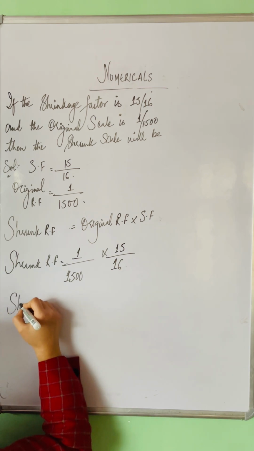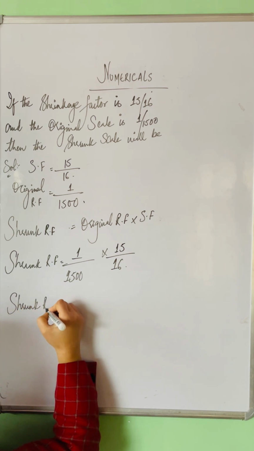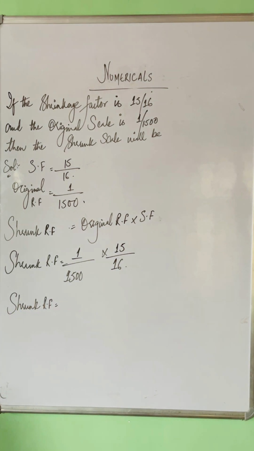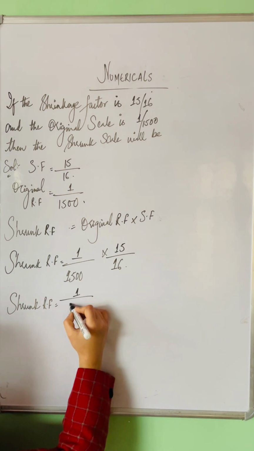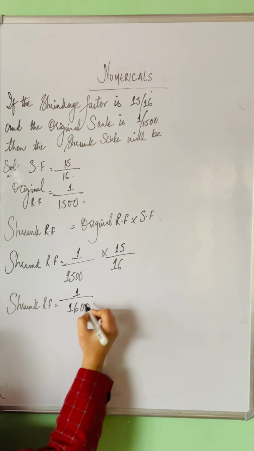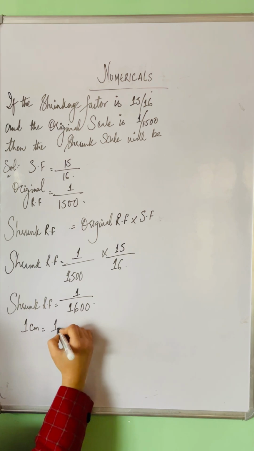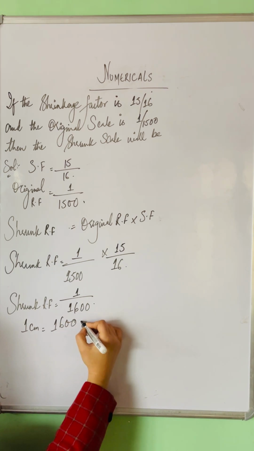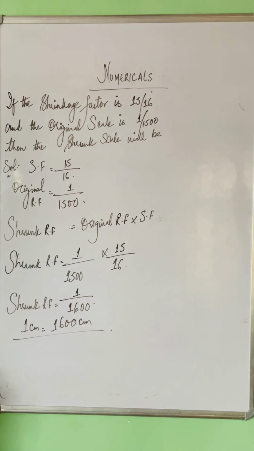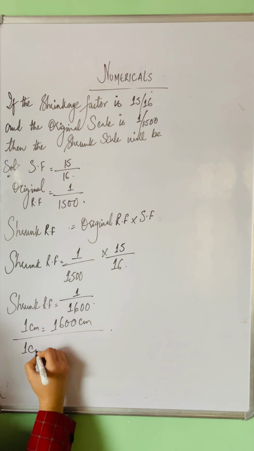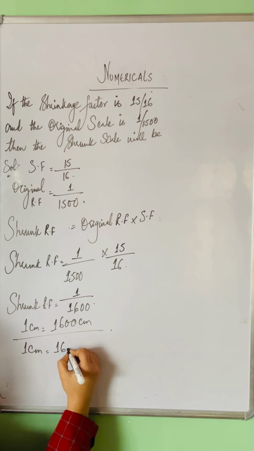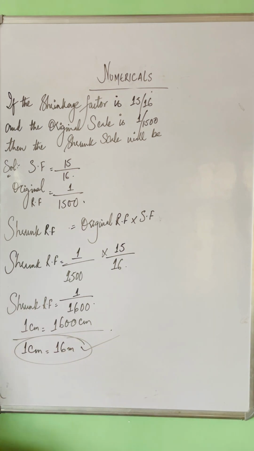So our shrunk RF is 1 by 1600. That means 1 centimeter represents 1600 centimeters on the ground. Or we can report that our scale is 1 centimeter is equal to 16 meters.